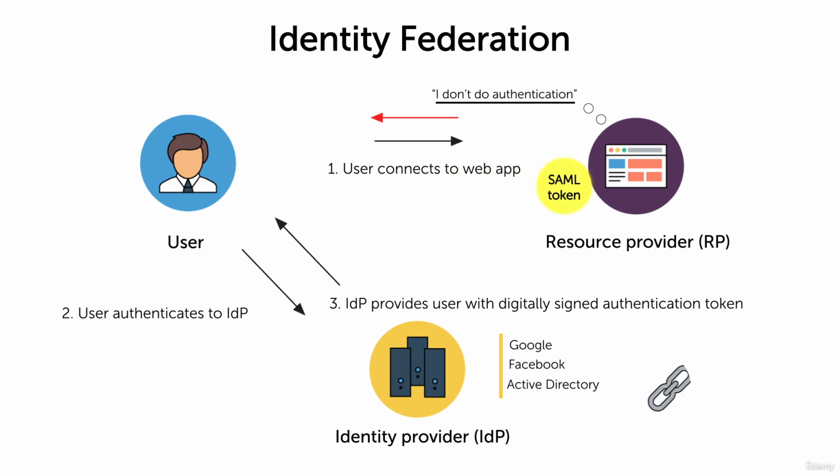Because the resource provider trusts the identity provider, by extension, it'll trust any digitally signed tokens from it. So the user then just gets access to that app. Now this is all transparent to the user. All the user knows is, I connected to the app, I signed in, and then I was in. And if single sign-on is enabled, they might not even have to do the sign-in. Even that might be taken care of automatically for them.